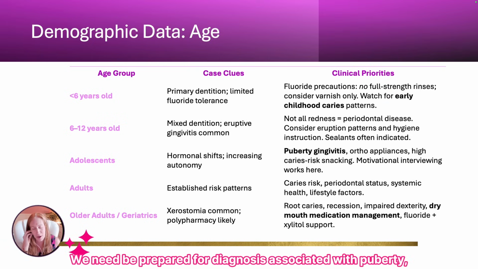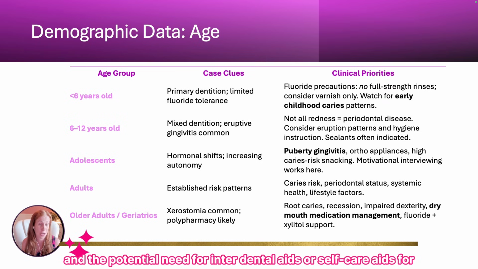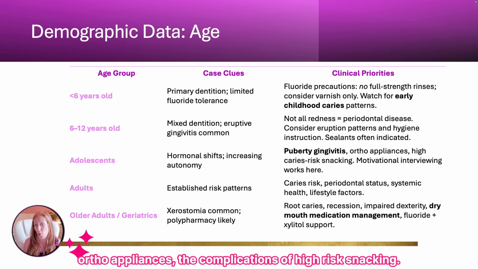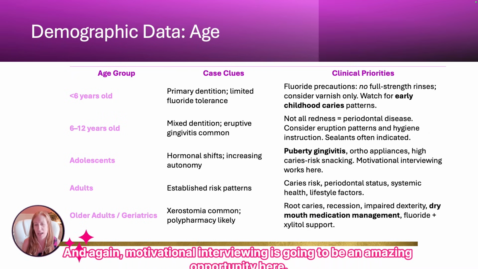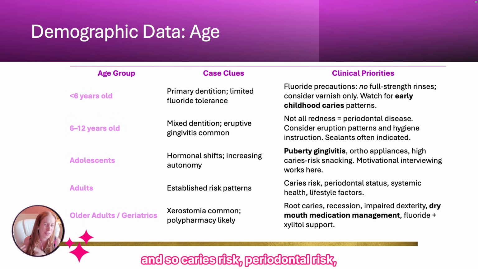We need to be prepared for diagnosis associated with puberty, like puberty gingivitis, orthodontia, and the potential need for interdental aids or self-care aids for ortho appliances, the complications of high-risk snacking. And again, motivational interviewing is going to be an amazing opportunity here. In our adult patient demographics, we're going to start looking at risk patterns. So caries risk, periodontal risk, systemic health, lifestyle factors, etc.